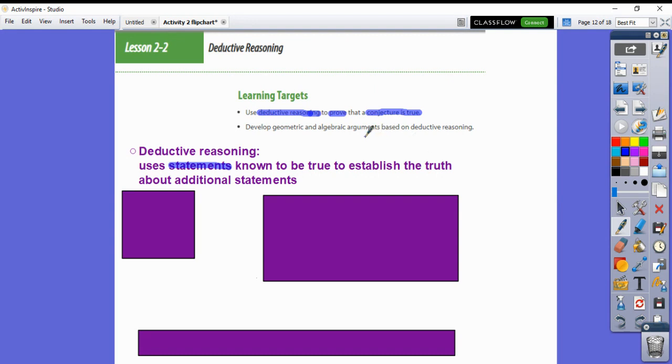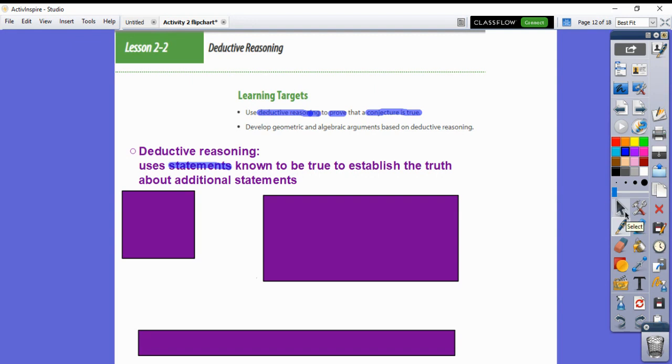Well, that's a lot of evidence, and we are taking all of that evidence and putting it together to prove that the conjecture, this suspect committed the crime, is a true conjecture.